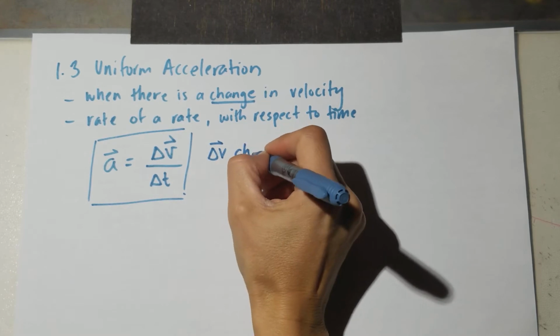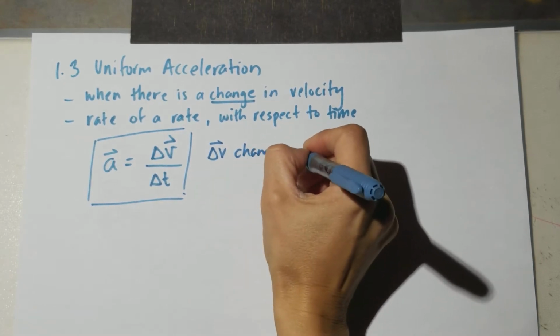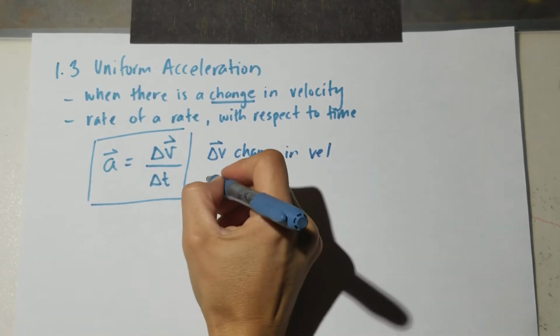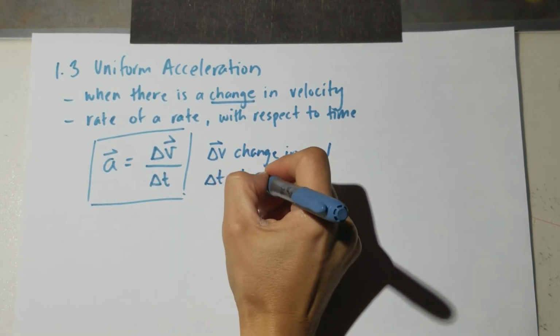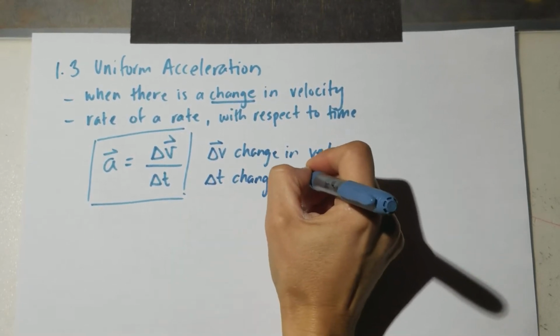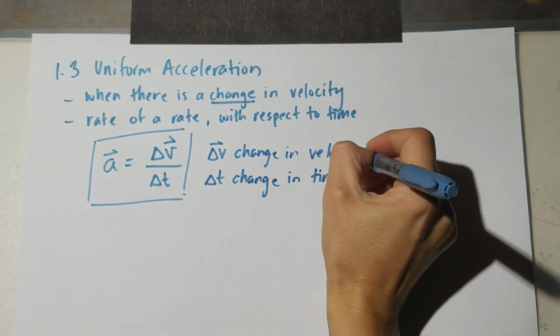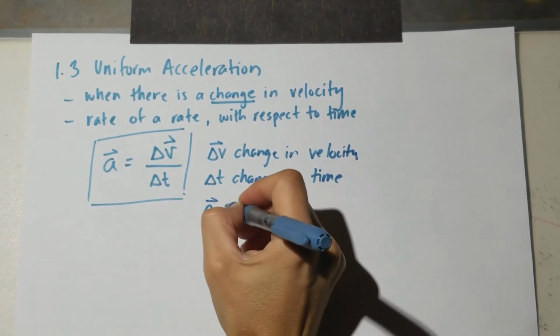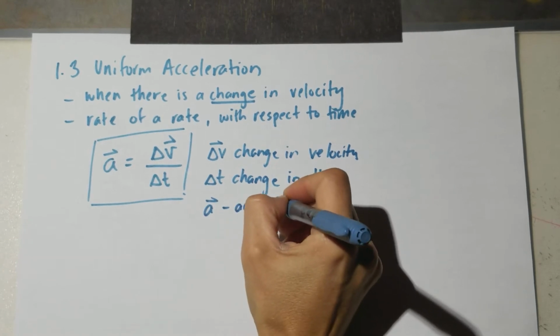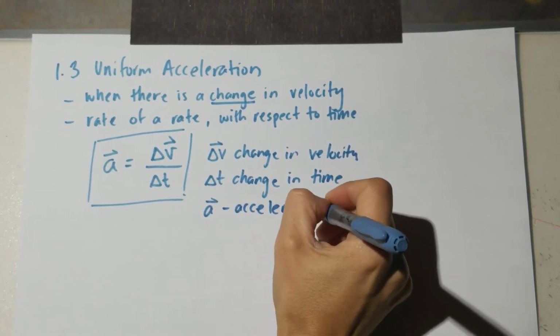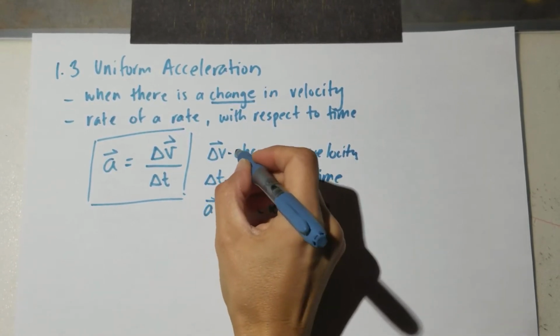So delta V is change in velocity, delta T is change in time, and A is acceleration.